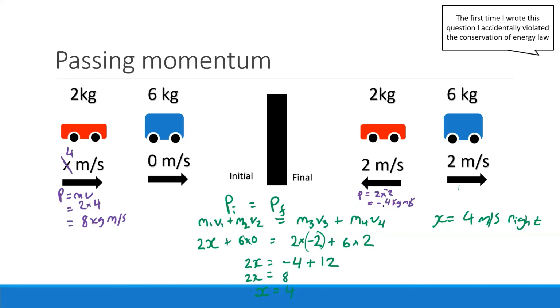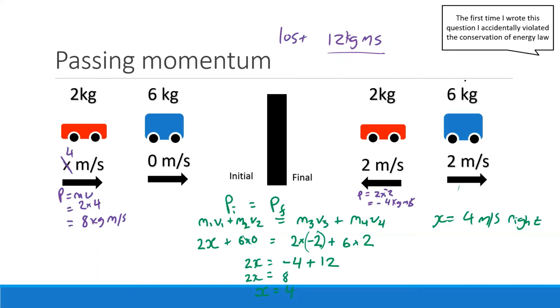Now what I want you guys to look at is we've lost a lot of momentum. We've actually lost 8 plus 4, we've lost 12 kilogram meters per second, because it's gone from 8 down to negative 4. This red card has lost 12 kilogram meters per second.